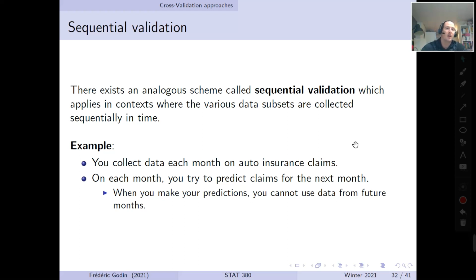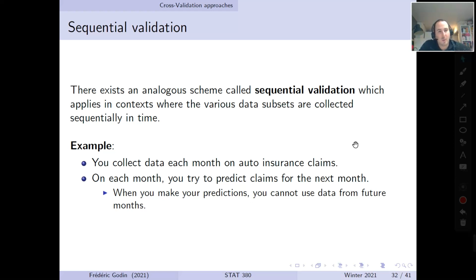For example, subset 1 would be data in January, subset 2 would be data in February, subset 3 data in March, etc. So there's a time order in all the subsets. These subsets are collected sequentially through time. For example, if you're an insurance company, you collect data on claims in January, then February, then March until December, and then January of the next year, etc.